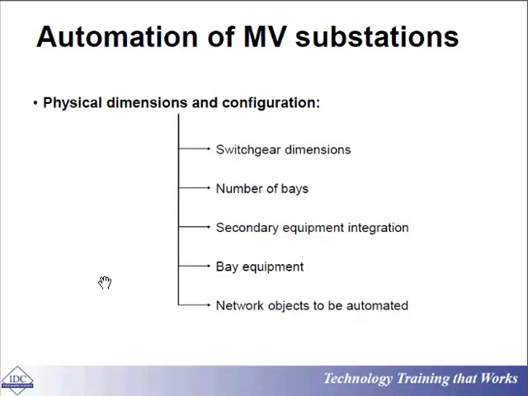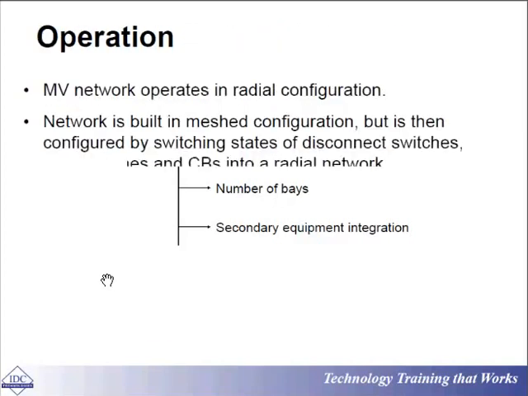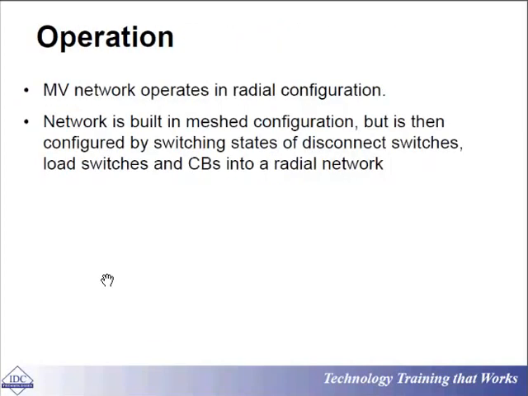So definitely, when you think about the automation of MV substations, you can think of switchgear dimensions, number of bays, secondary equipment integration, bay equipment, network objects to be automated. So these are the tasks to be done. And obviously, it's going to be connected to a medium voltage network.